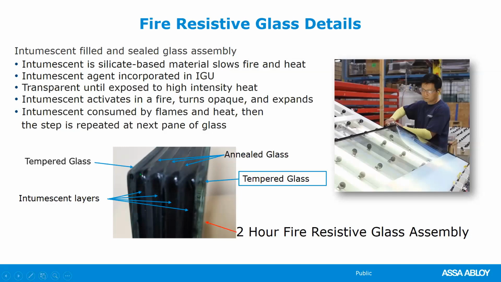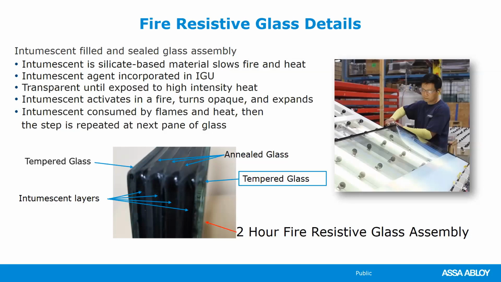The way this all works is that when you do a fire test, let's say the furnace is on the left-hand side of the assembly. In the process of the fire test, that glass would break and fall away, the intumescent would be exposed and then would bloom, as they call it, and provide that heat transmission resistance.